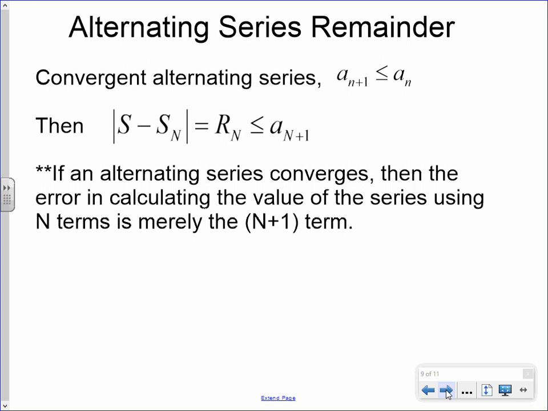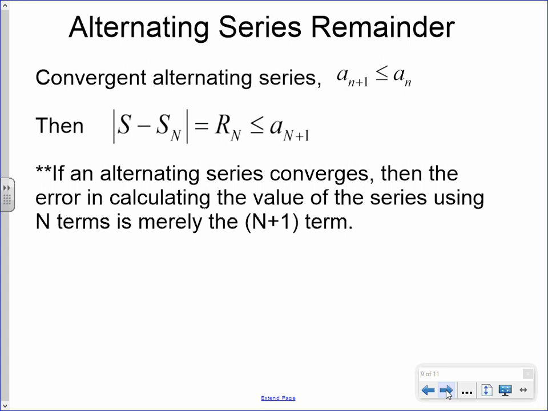That remainder R right here is telling you the most amount of error we could have. And that number is less than or equal to the next term in the sequence.